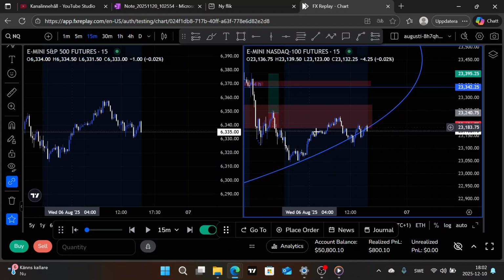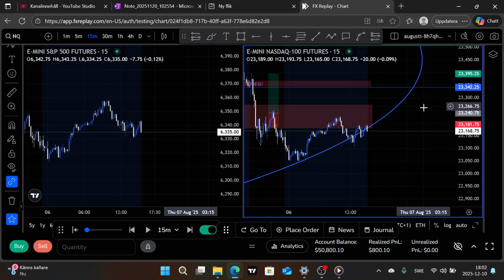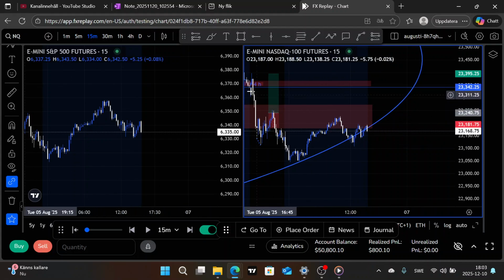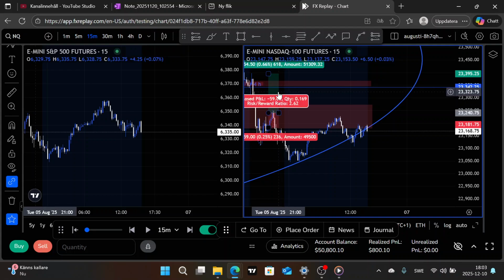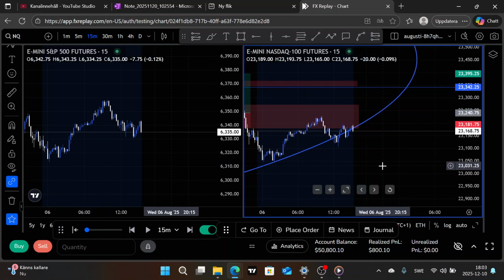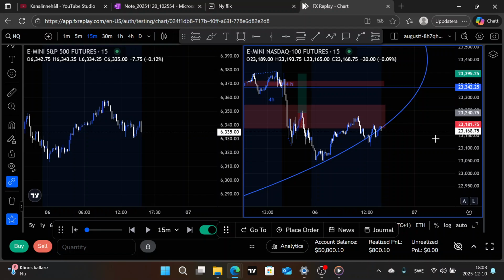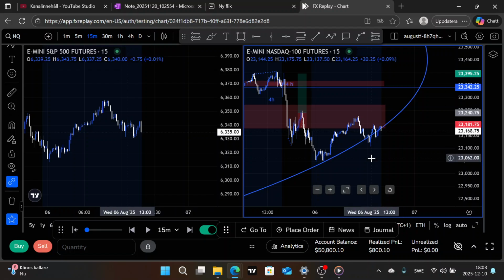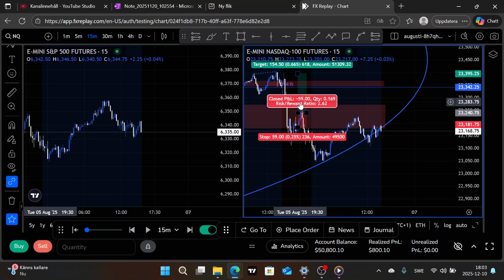Okay. Even next day it has not gone to my full take profit, which was right here. So that sounds like something has been wrong with the whole analyzing process.